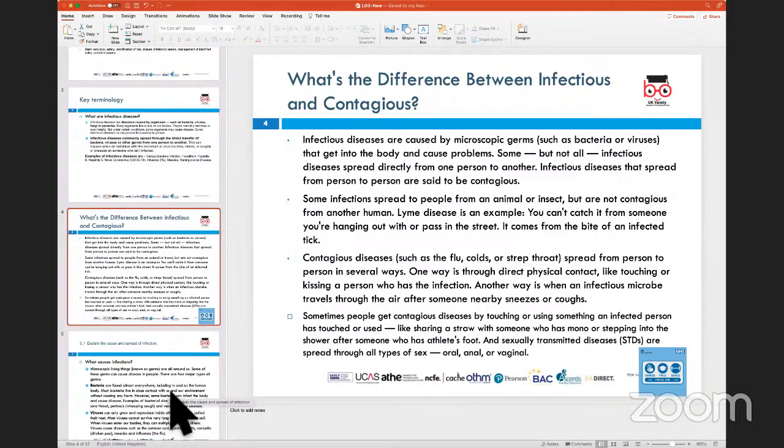Then we look at two scenarios about a care home to see how an infection outbreak happens and how it can be controlled in a health and social care setting.